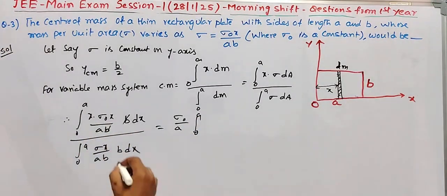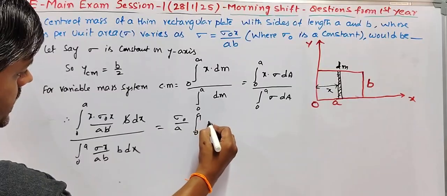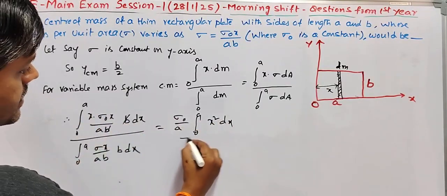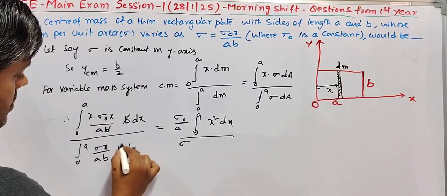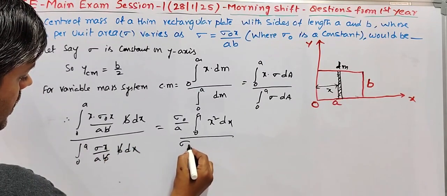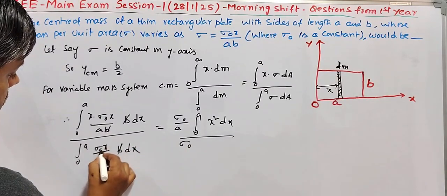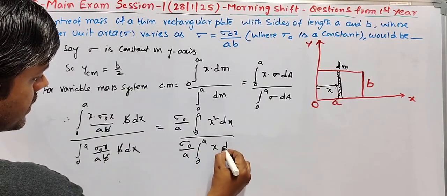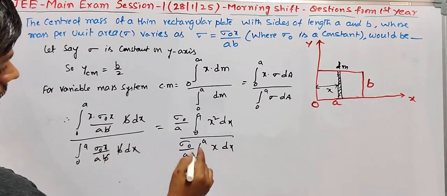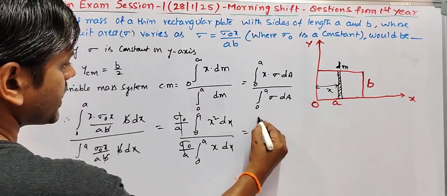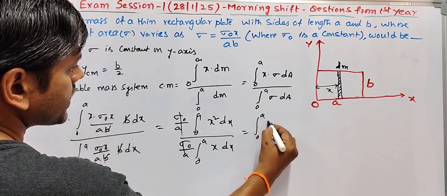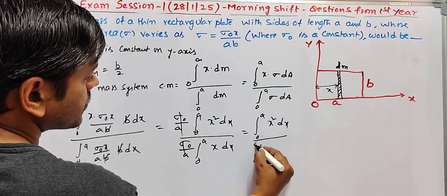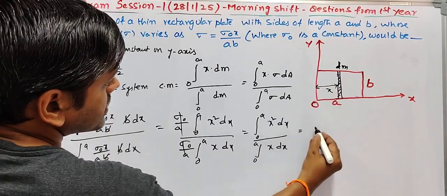So what is remaining? 0 to A x square dx, because x into x is x square dx. In the denominator also B is cancelled, sigma naught by A integral 0 to A x into dx. X is remaining, so these two are cancelled. Then remaining integral 0 to A x square dx by integral 0 to A x dx.